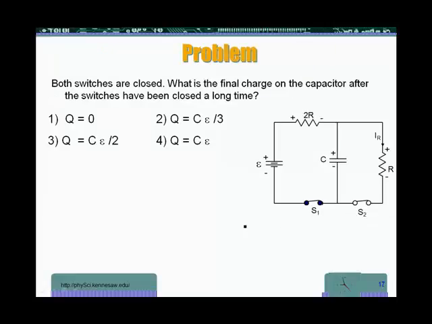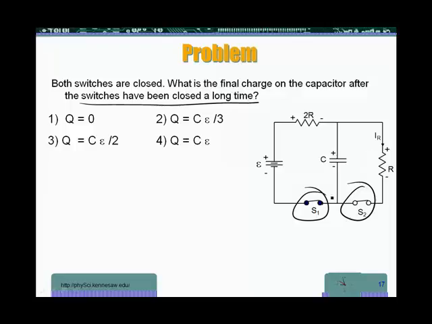Let's consider this question here. The two switches are closed. What is the final charge on the capacitor after the switches have been closed for a long time? Okay, that's when the capacitor is fully charged. Now, to do that, we need to remember a few things.